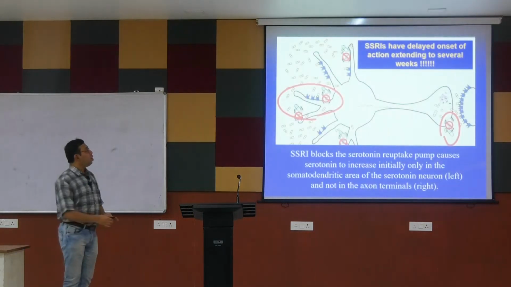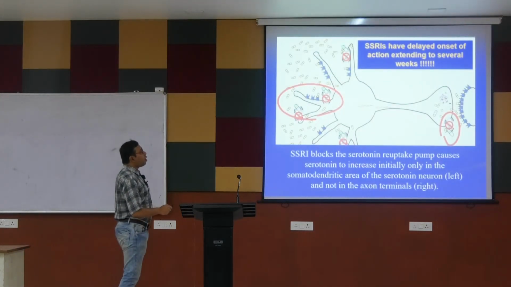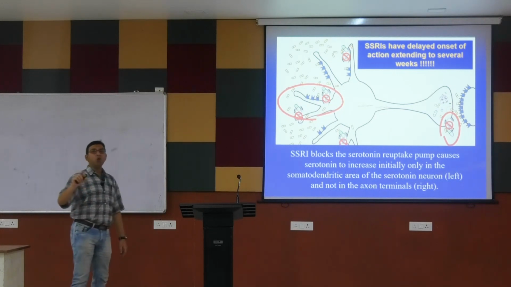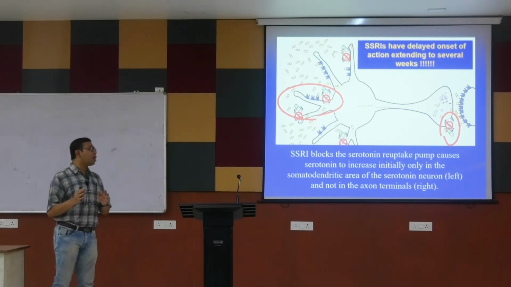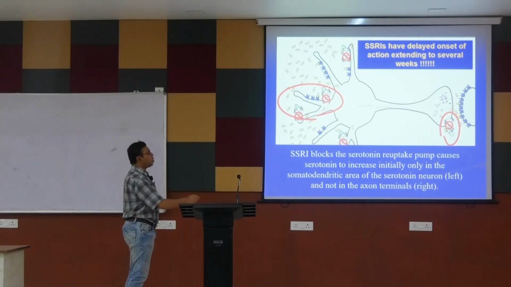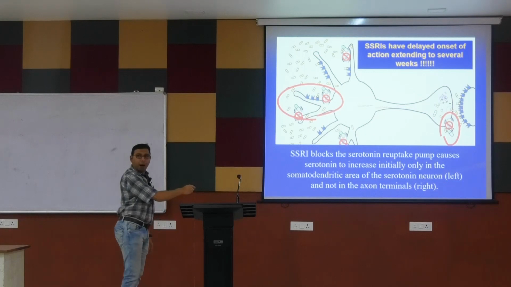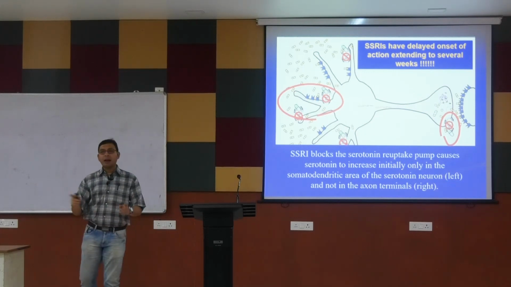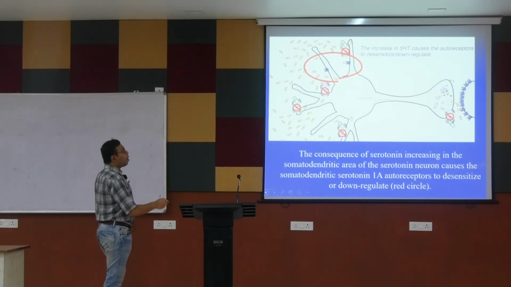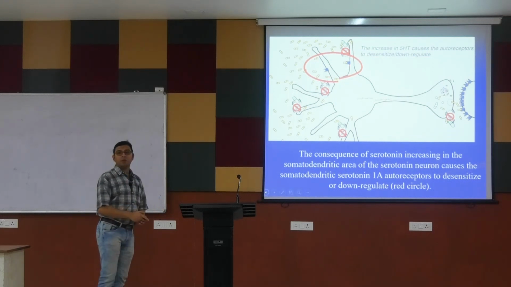Okay. So you can see they have a delayed onset of action extending over several weeks, because again the plasticity, the neuroadaptive changes occur when we give the selective serotonin reuptake inhibitors for a large number of days. These reuptake pumps in the presynaptic neuron are blocked. When these are blocked, there may be autoreceptor desensitization.